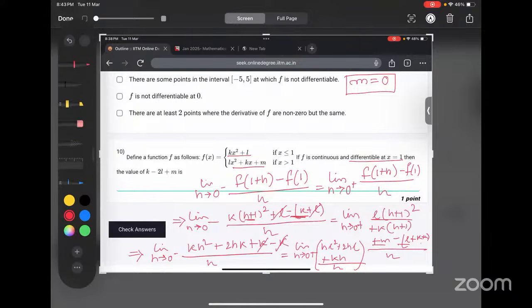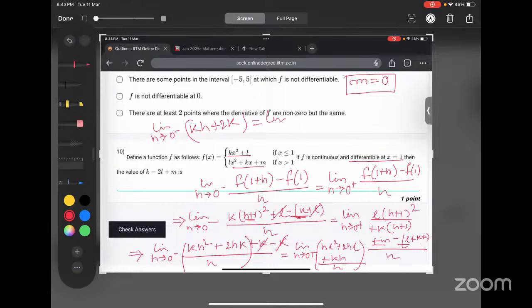Then after this, if I take h common from here, then cancel them out. So we will get limit h tending to 0 minus, kh plus 2k, right?